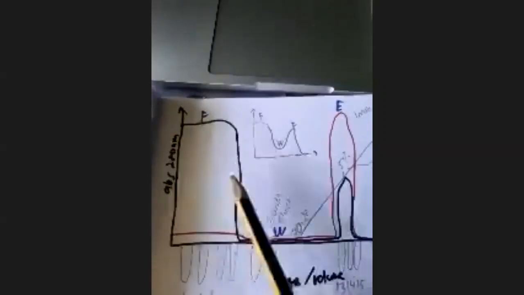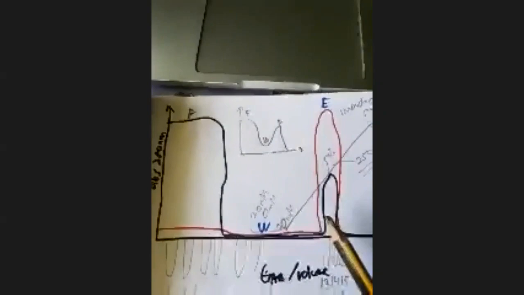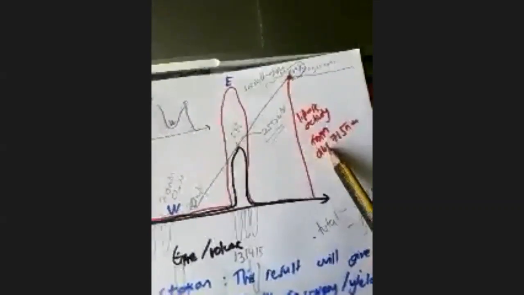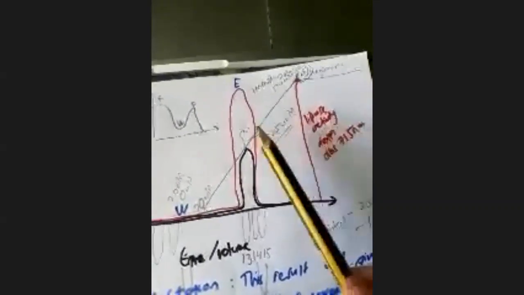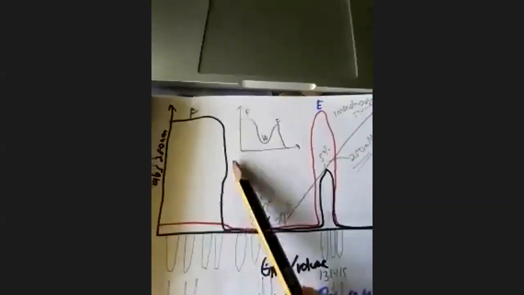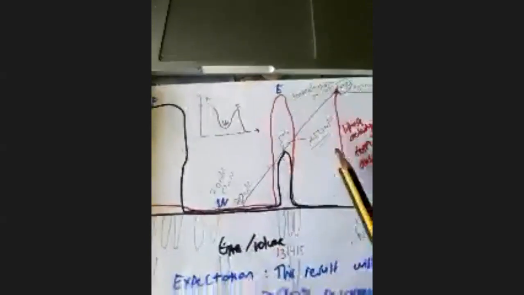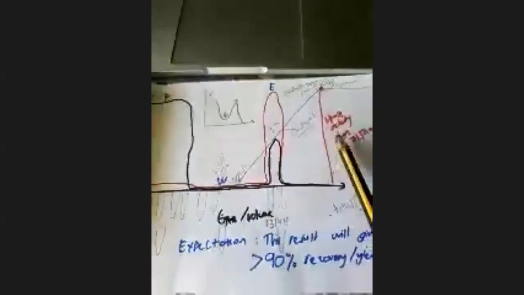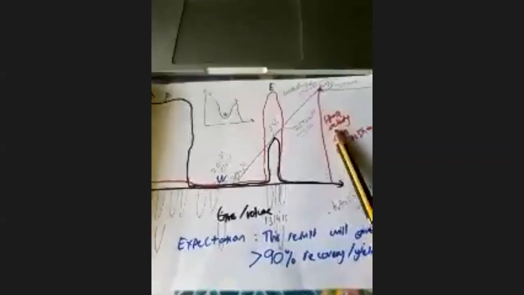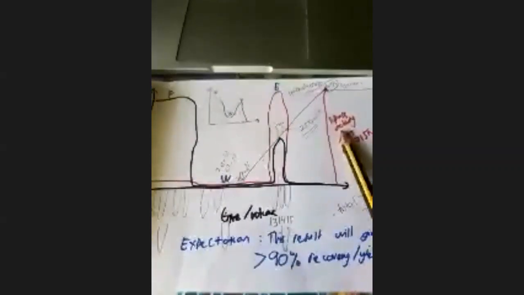This is not the Bradford assay, but this absorbance at 280 will give you almost similar results to your Bradford assay. The red color represents your lipase assay. You want to detect whether there is lipase inside this protein or not. That's why you perform the lipase assay. You check for the lipase activity.